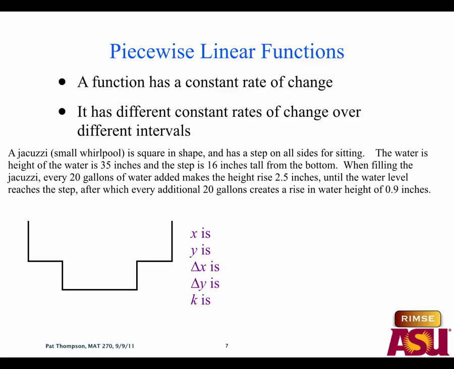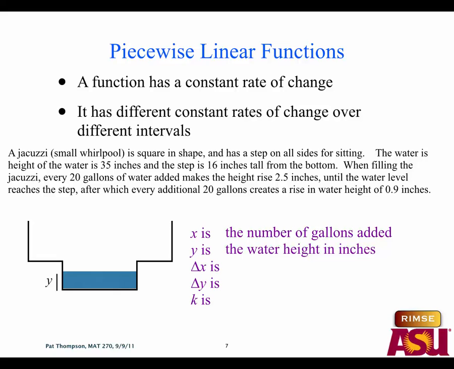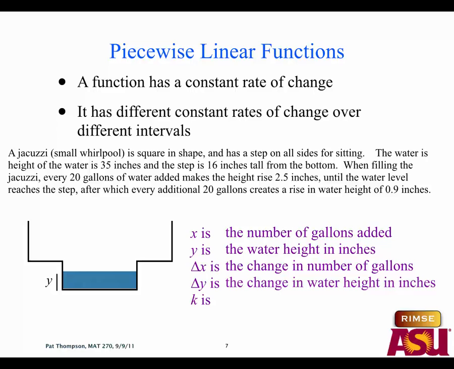In this situation, we saw that X was the number of gallons added to the tub, and Y was the resulting height of the water. Delta X will be a change in the number of gallons. Delta Y will be a change in the height resulting from adding water or taking away water. And then K is our constant rate of change, height with respect to volume, in inches per gallon.